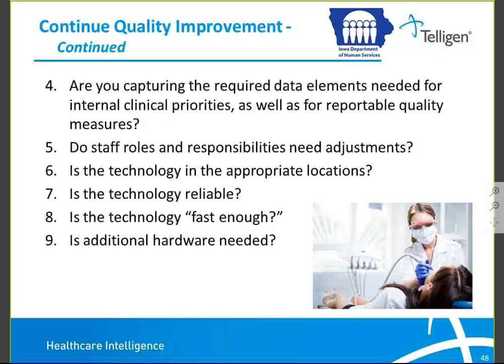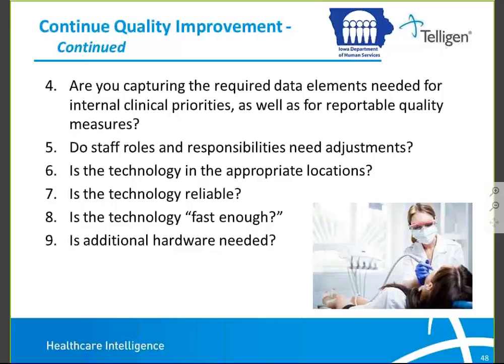Number 4, are you capturing the required data elements needed for internal clinical priorities as well as for reportable quality measures? Number 5, do staff roles and responsibilities need adjustments? Is the technology in the appropriate location? So even in terms of your physical hardware, is everything in the most appropriate place in terms of laptops or tablets or PCs?